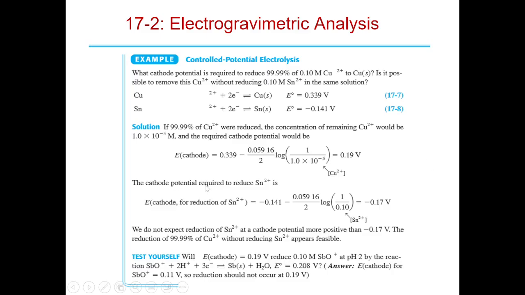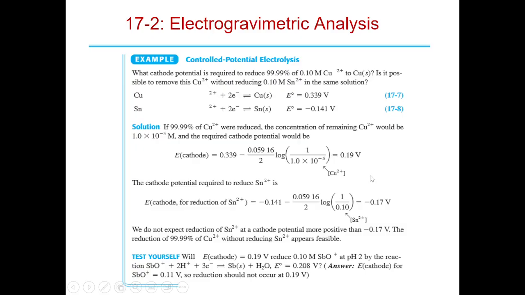So let's look at the cathode potential that would be required to reduce Sn2+. So again, we just set up another Nernst equation, right? E cathode. It's going to be the E0 here, minus, again, the same terms. The only difference is the concentration, right?